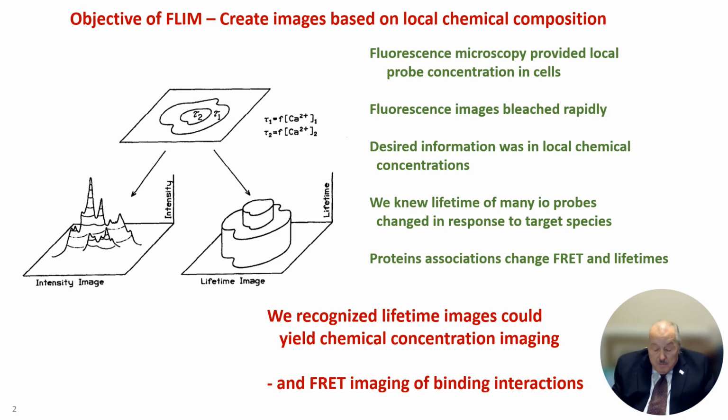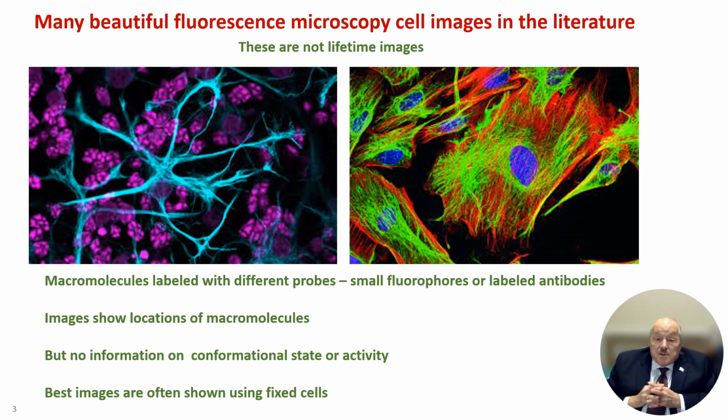And what I mean by that is you will see in the literature many beautiful pictures of cells. They're stained and usually they're fixed as well. And these are cells that have been stained with different small fluorophores, antibodies labeled with different fluorophores, almost for the purpose of getting a nice picture on the front of a magazine.